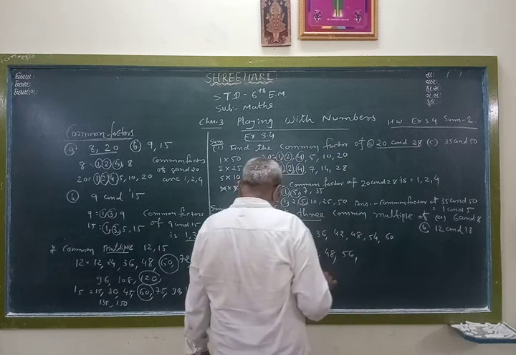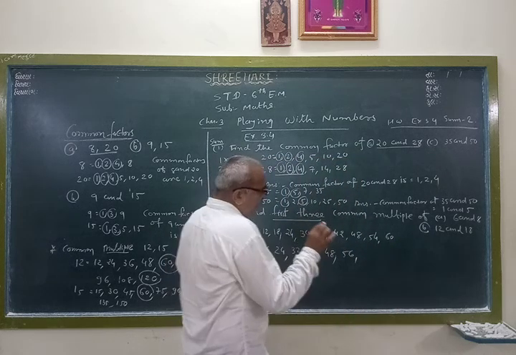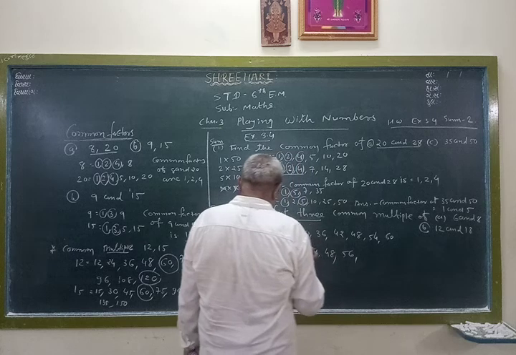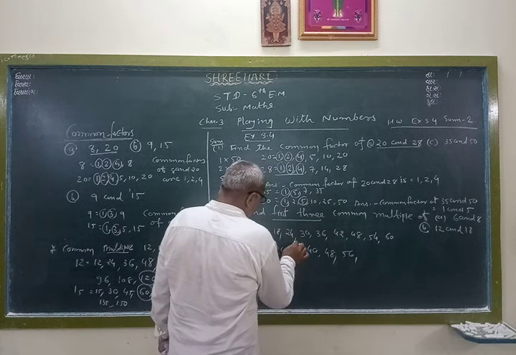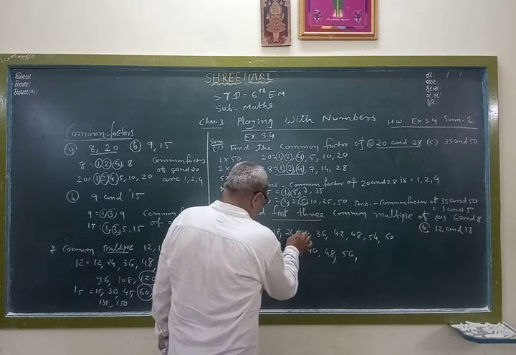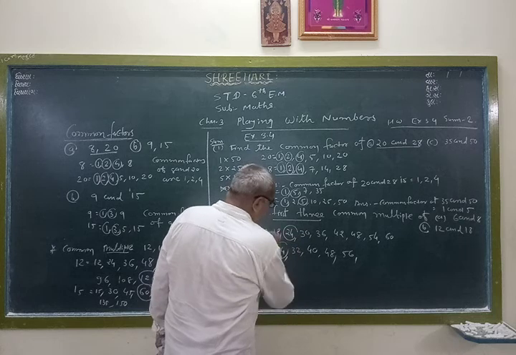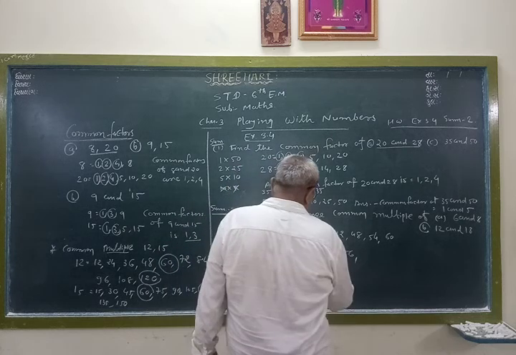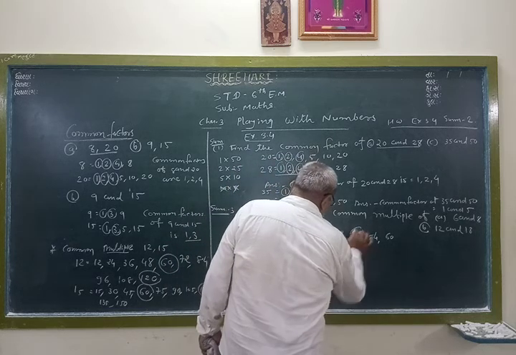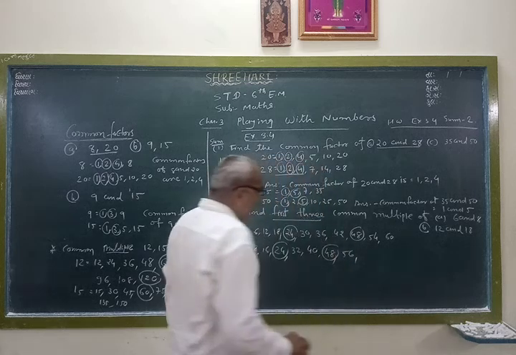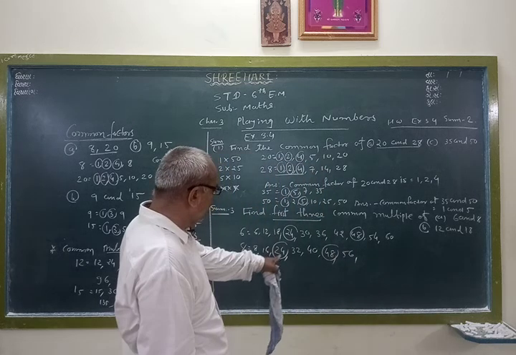Okay, now look here. We want only 3 common multiples. There is the first, 24. One we got. Second, 48. Still remaining, we got only 2.